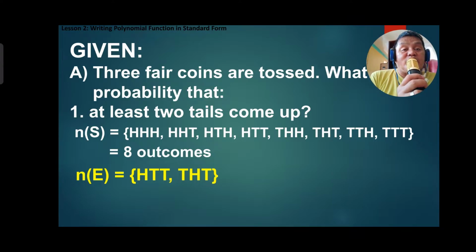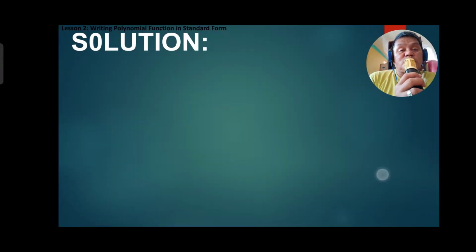So these are the outcomes of the event at least 2 tails come up. There are 2 outcomes. Again, the outcomes of the sample space equals 8, and the number of outcomes in the event is equal to 2. Now, solution.